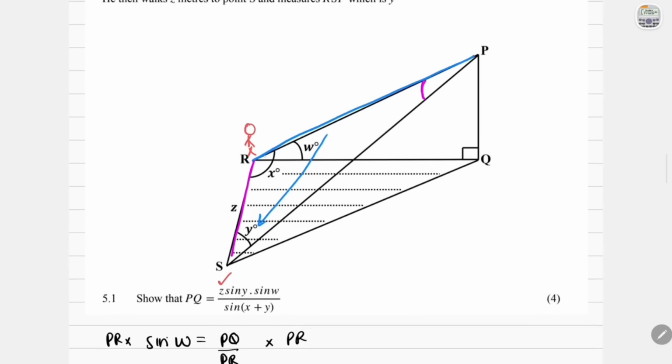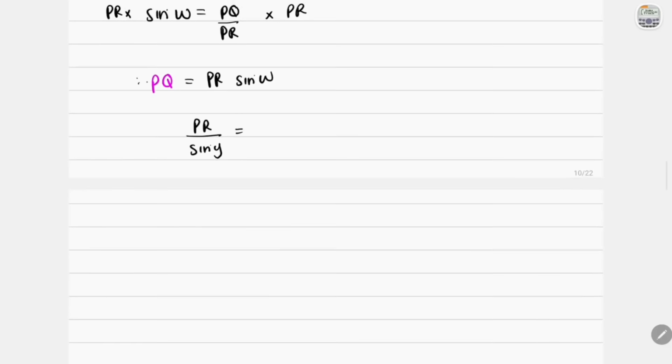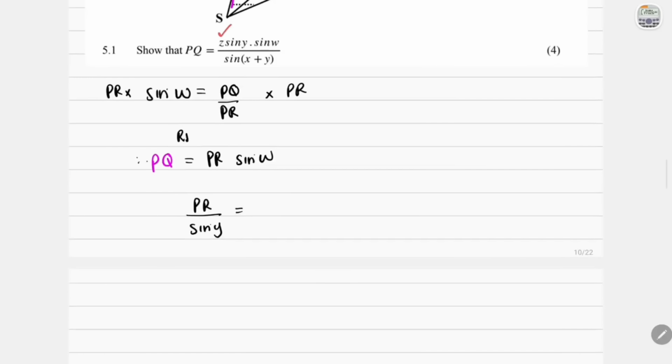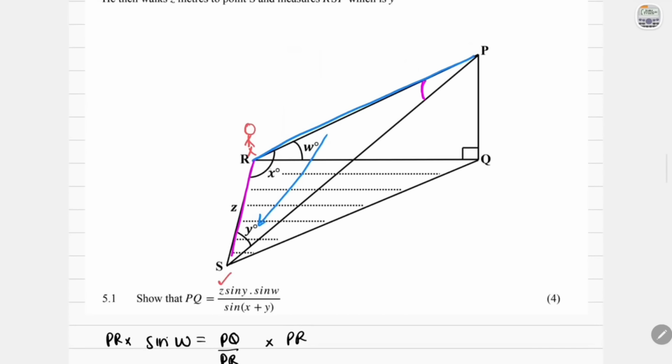Let's just define that angle. We can say that angle RPS is equal to 180 degrees minus the angles we have here. We have angle X in this triangle and angle Y inside this triangle on the top.